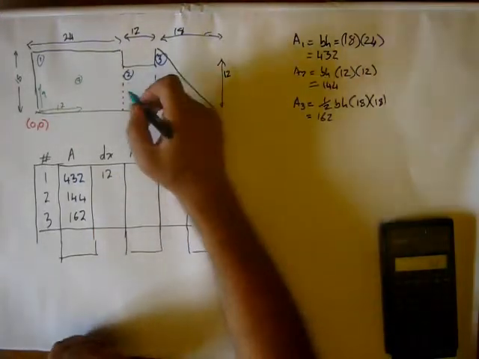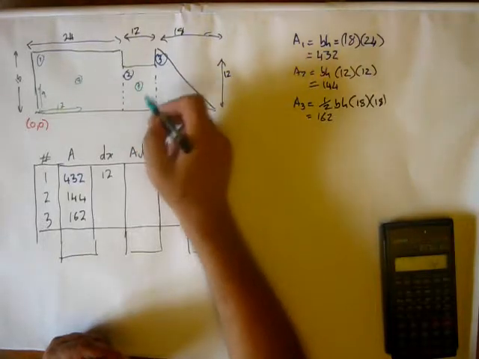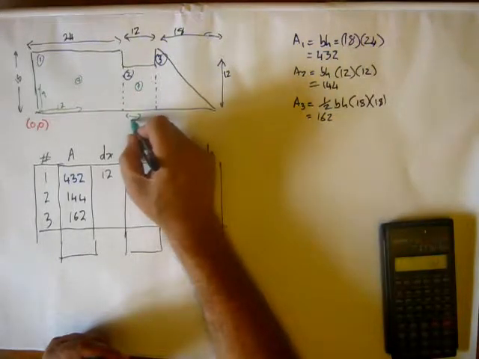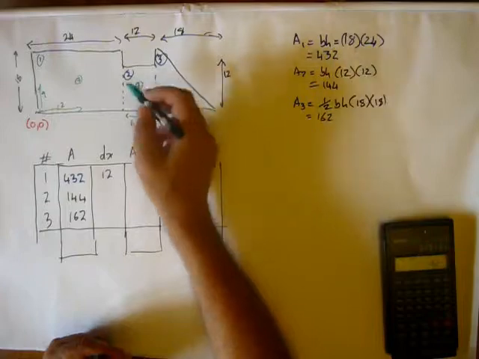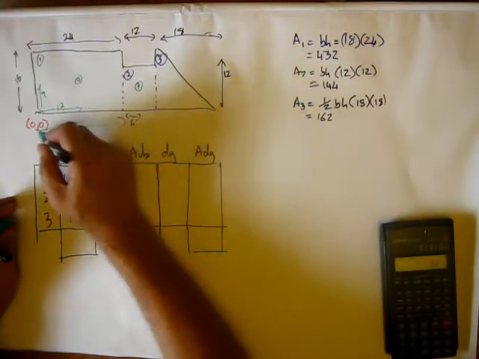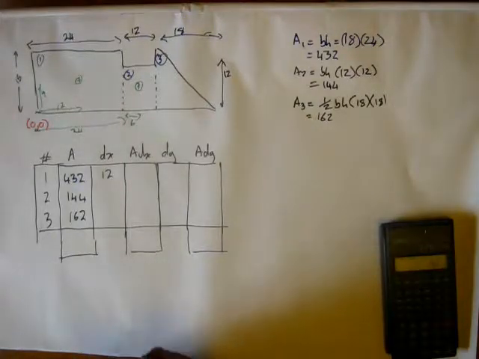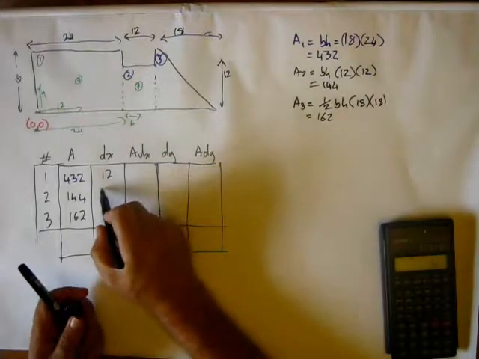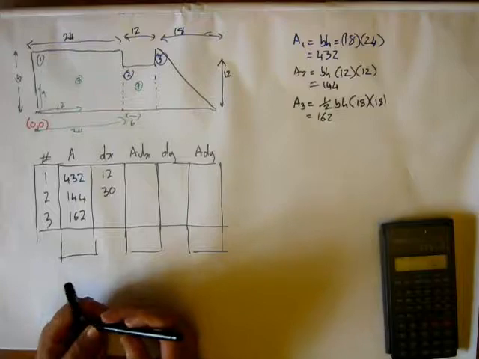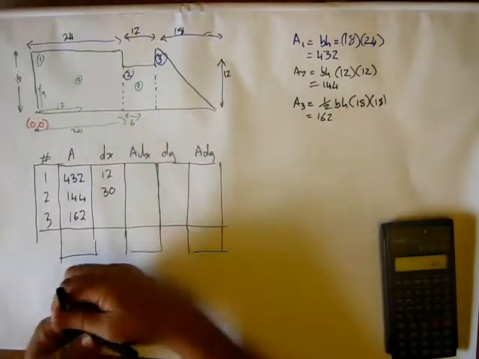The centroid of shape 2 is going to be 6 from that edge to there, and then another 24 there. So that's a total distance of 30, because it's 24 plus 6.